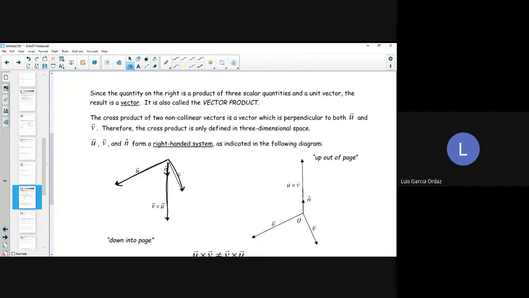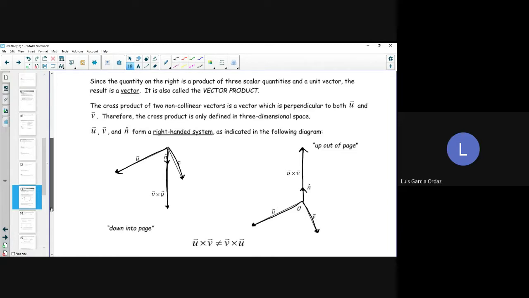So this is down into page. Now up out of page means I have my vector u going this way and my vector v going that way, but my cross product u cross v is going upward, or up out of page. With this we can conclude that the cross product of u and v is not the same thing as the cross product of v and u.